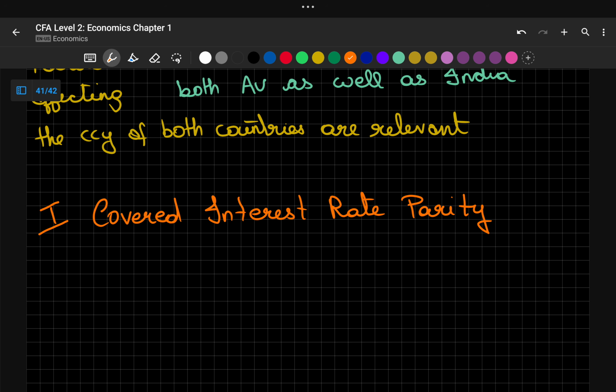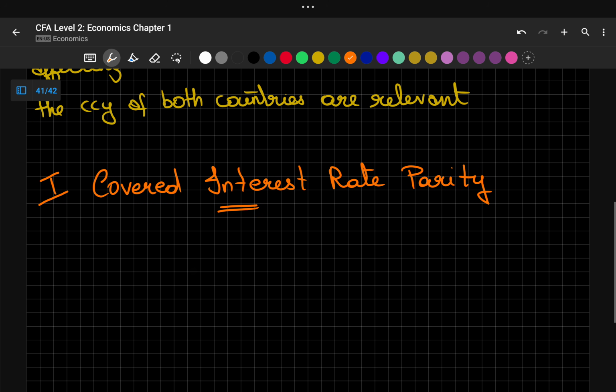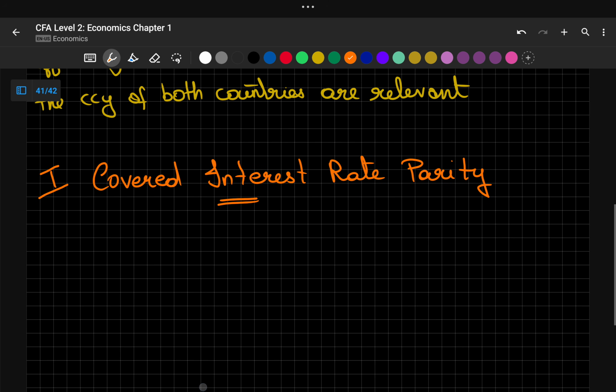Please do watch it, because I'm not going to derive the equation again, as we have learned about it in much detail in that video. But I'll give a brief idea about what covered interest rate parity is. It is an investment in foreign money market instrument.